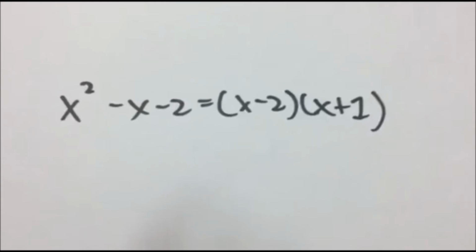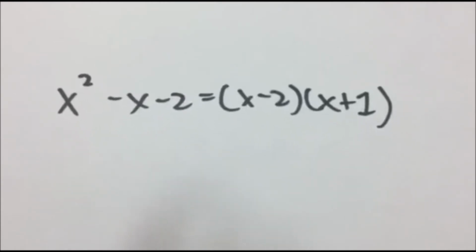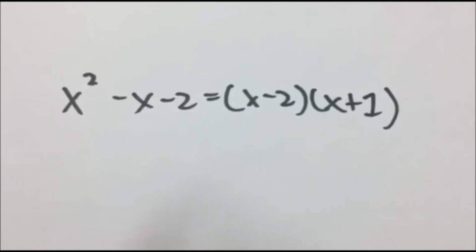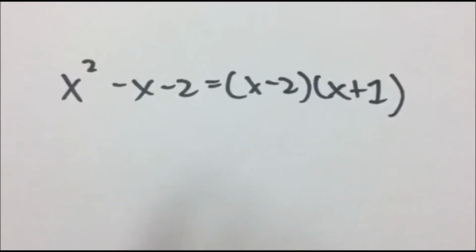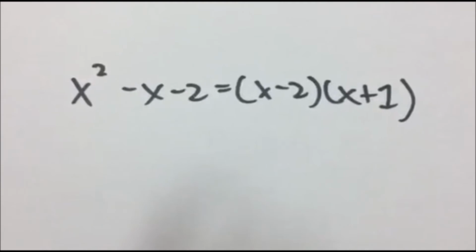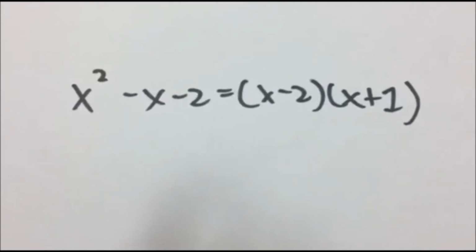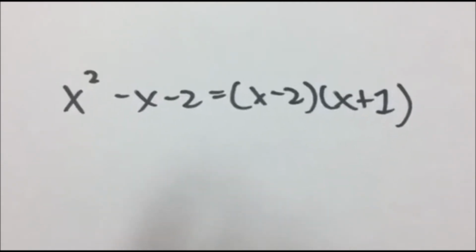So x squared minus x minus 2 is equal to (x minus 2)(x plus 1). That's all. This is a nonlinear fraction.